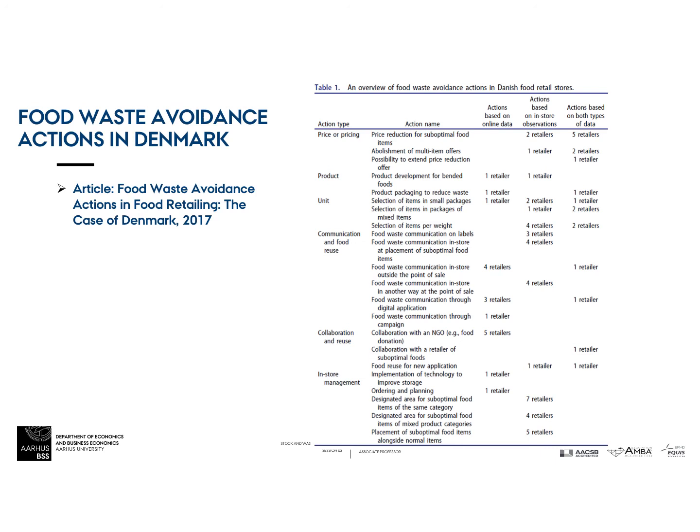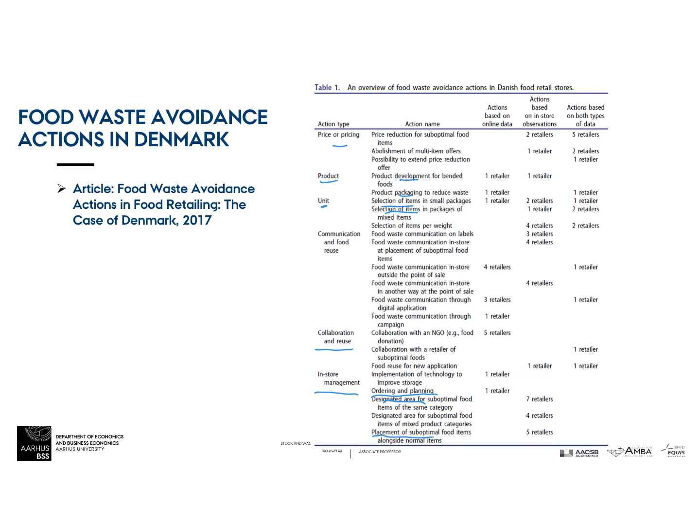You can see action types, including price and pricing, product-related waste such as packaging or product development, selection of items in small packages, selection of items in packagings of mixed items, communication and food reuse, collaboration and reuse, and in-store management, implementation of technology, ordering and planning, designated areas for suboptimal food items, designated areas for suboptimal food items of mixed product categories, and placement of suboptimal food.